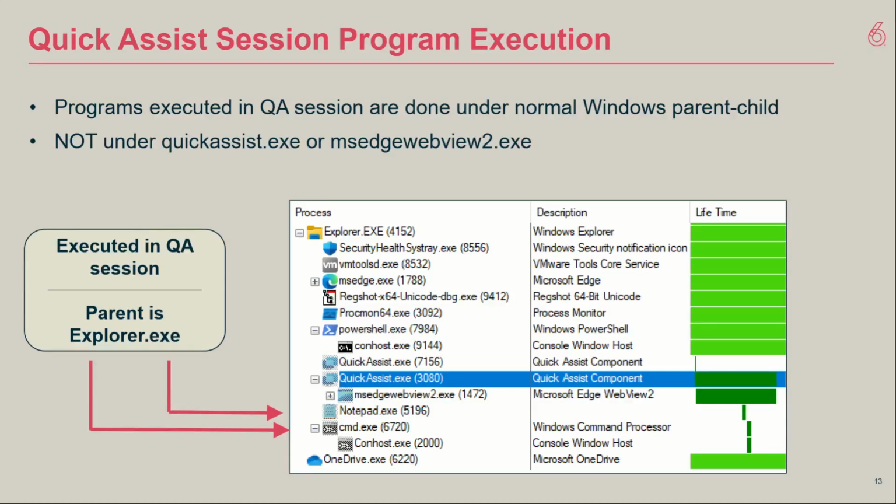Interestingly, I did dig into this a little bit deeper to see if maybe there was a different desktop or something like that within the process that I could find in order to tell that Notepad was executed under Quick Assist or through a Quick Assist session. Unfortunately, I was not able to find anything like that.